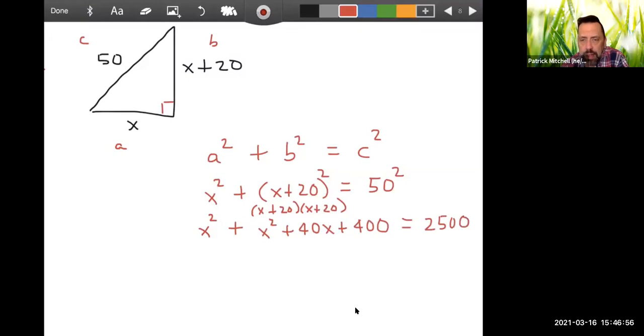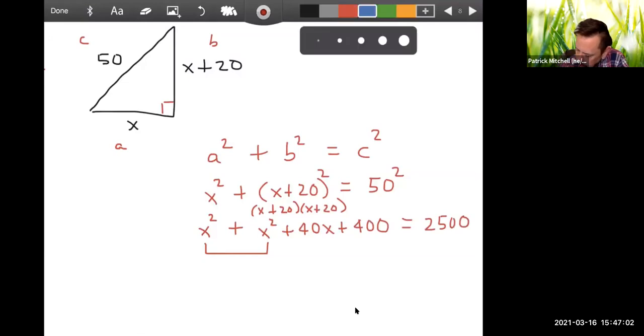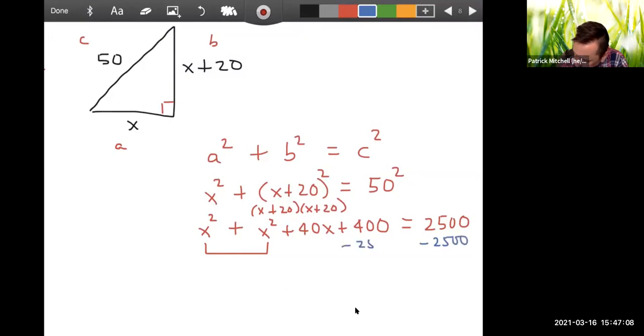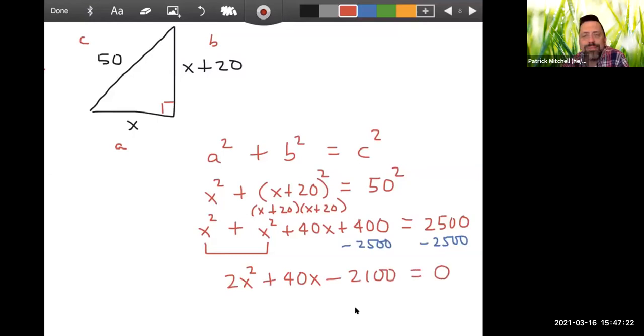All right, combining like terms, x squared plus x squared. And while we're at it, why don't we subtract 2500 from both sides? So that's going to give me an equation in standard form, which says 2x squared plus 40x minus 2100 equals 0.